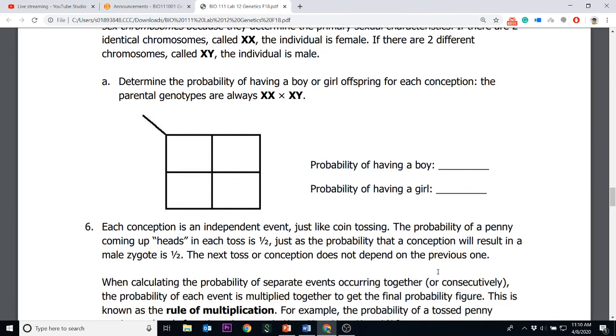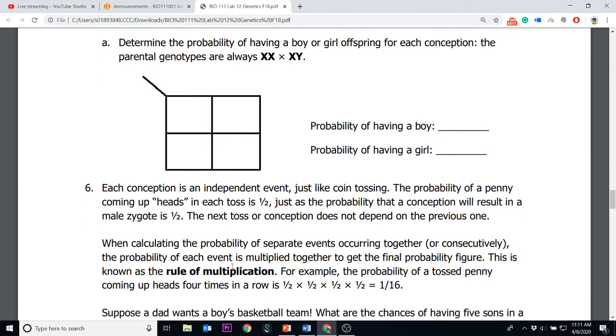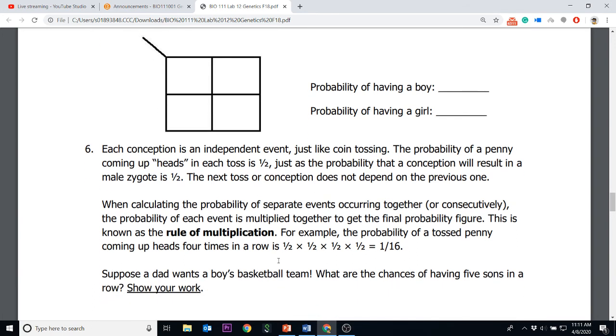Now number 6 is talking about the rule of multiplication. This is very straightforward. What it's saying is that, let's say the chance of having a boy is 50%, or a girl is 50%. But if you want a particular event to happen a certain way, in number 6, if you want to have 4 boys in a row, the chance of having the first boy is 1/2.